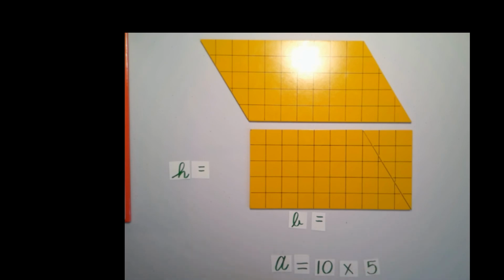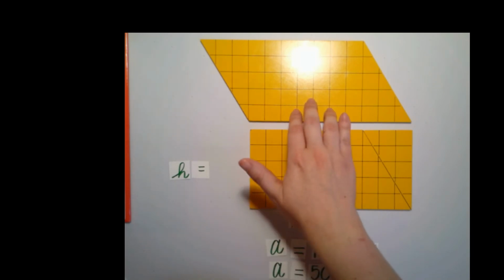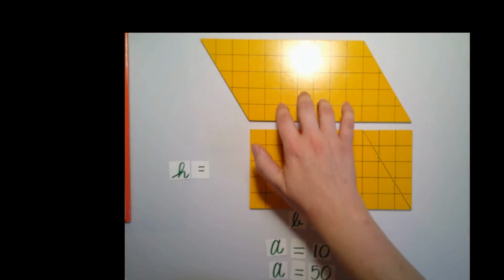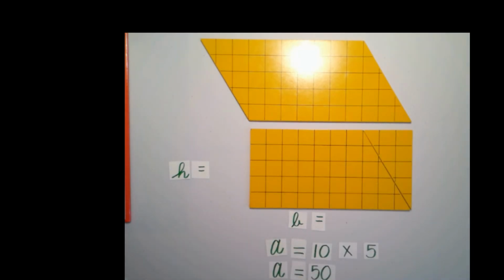So the area of our parallelogram is 10 times 5, which is, I wonder if you can say it before I'm able to place this out. The area of our parallelogram is 50 unit squares. So even though we have a different shape here, we're still using the same formula that we do for our rectangle.